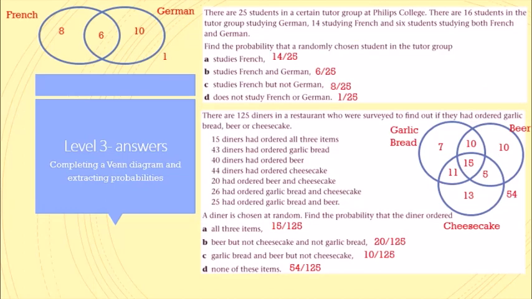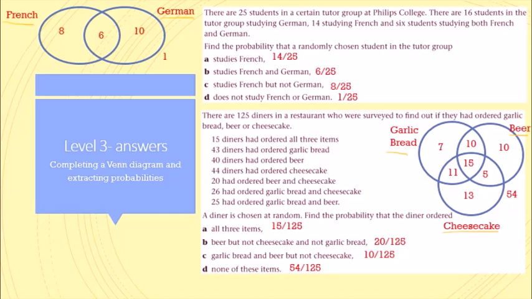Right, so these are the answers to the level 3 type questions now. The first one was looking at students studying either French or German, and the second one was about orders at a restaurant being either garlic bread, beer or cheesecake.